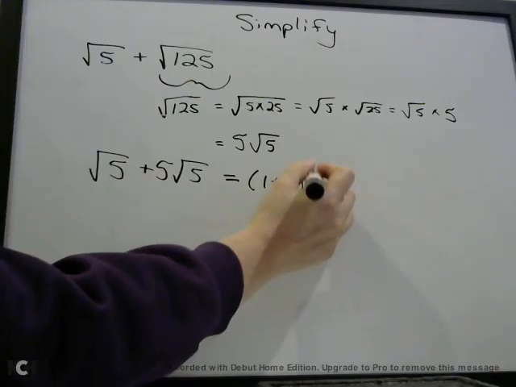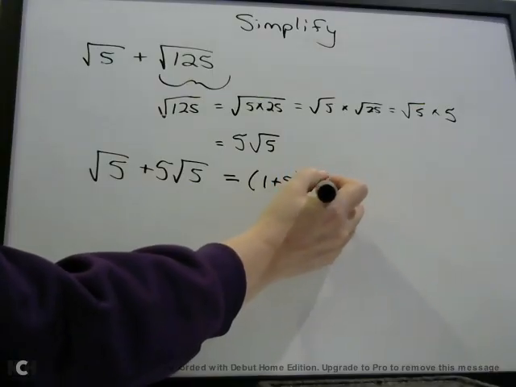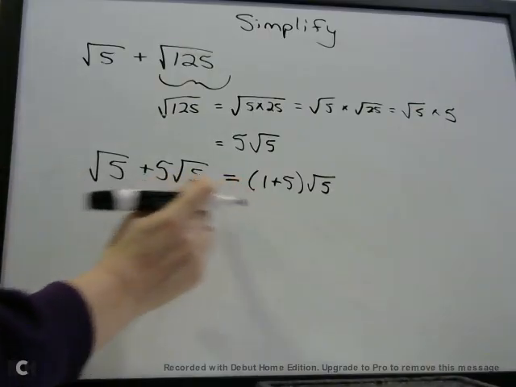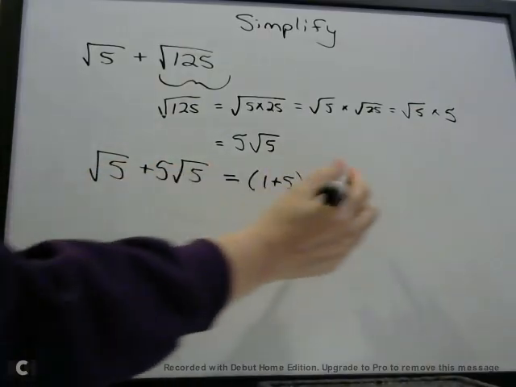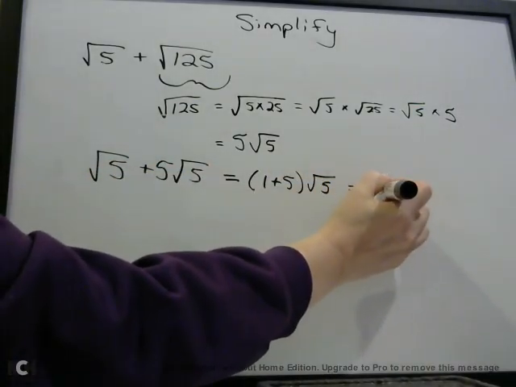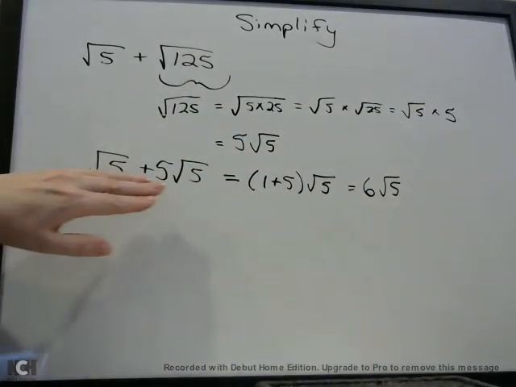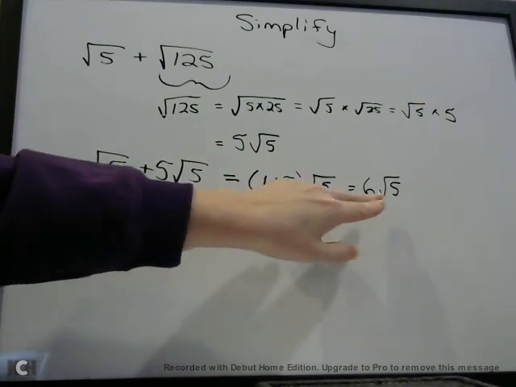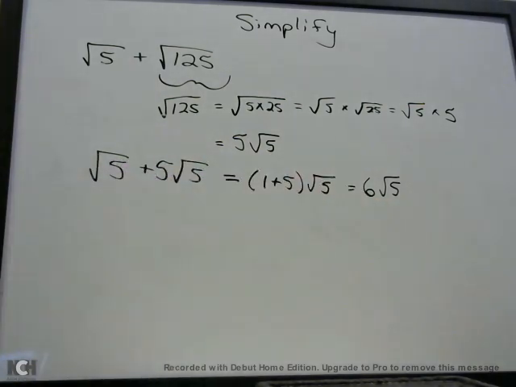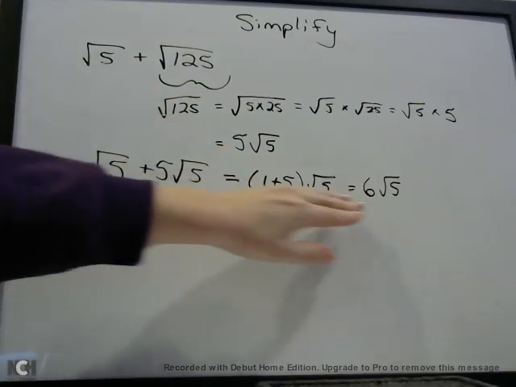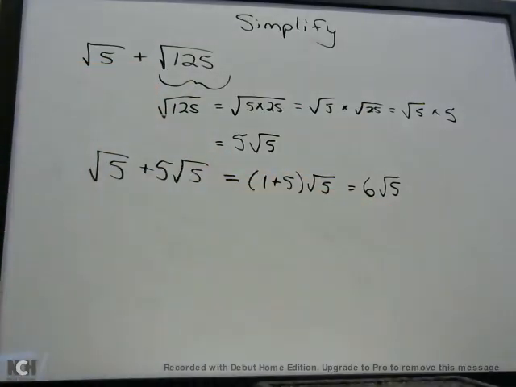I'm just doing the same thing we did before with the other problems, where I took the number out here plus that number. I kept this the same, and we get 6 square root of 5. So 1 square root of 5 plus 5 square roots of 5 equals 6 square roots of 5. So the answer to simplify this problem is 6 square root of 5.